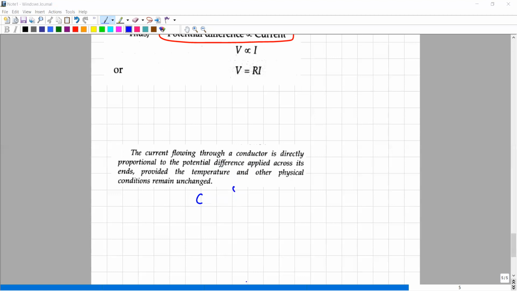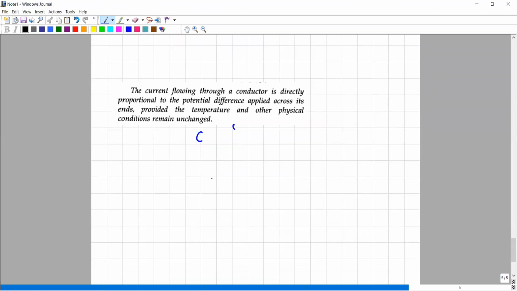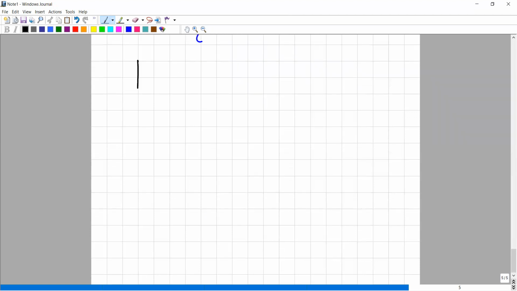So if you're going to draw a graph of current and voltage, how does the graph look? First understand which value you should put on the X and Y axes. Now there is a bit of confusion.